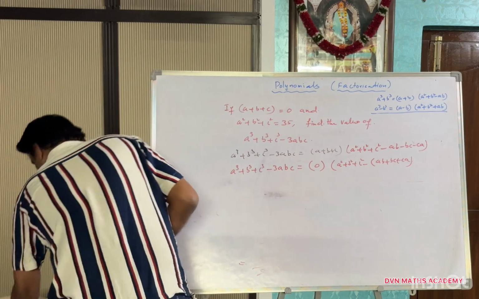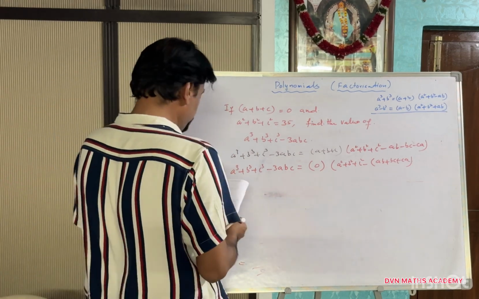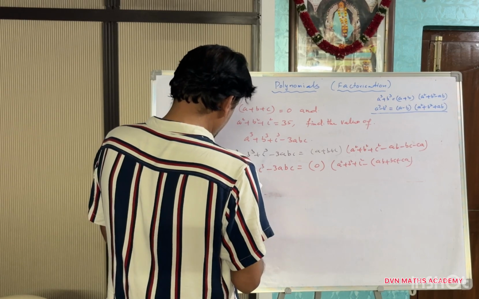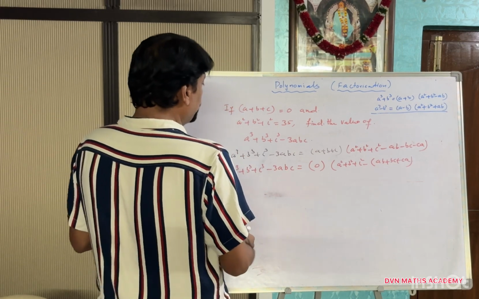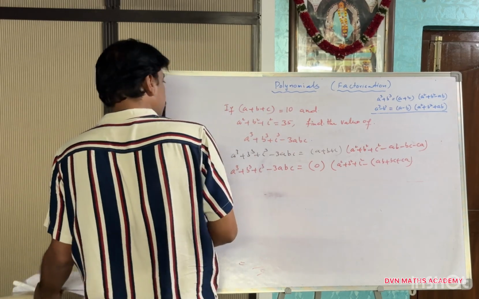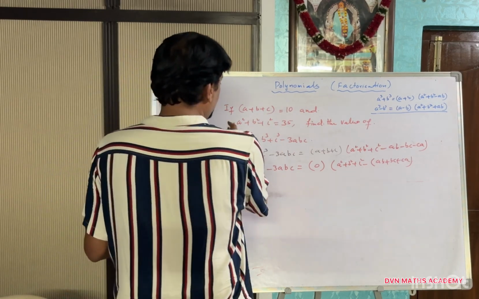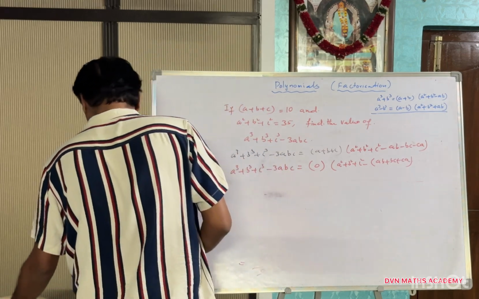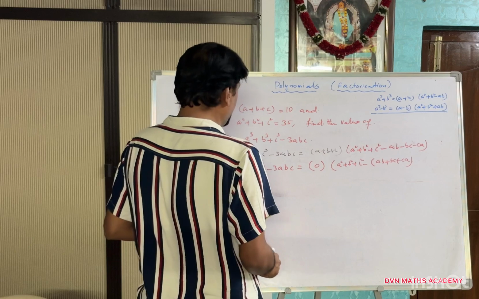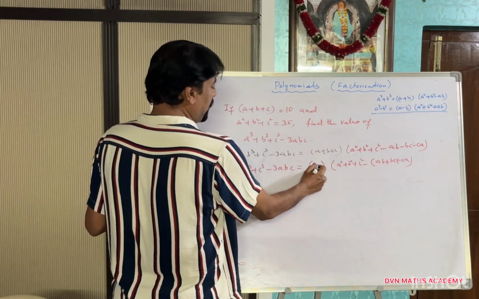I think it is not 0. It is given as 10, sorry. This is A plus B plus C is equal to 10, then A square plus B square plus C square is equal to 35. Then he is asking to find the value of this one. So this is 10.